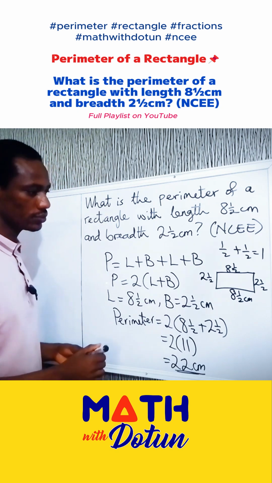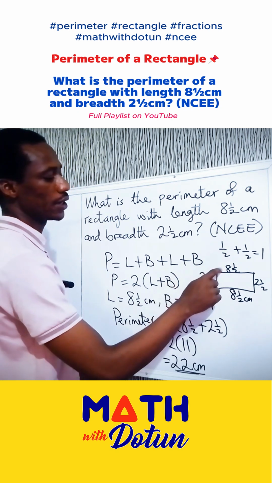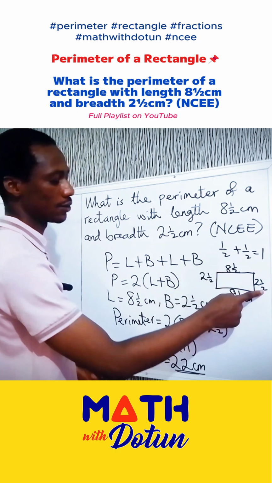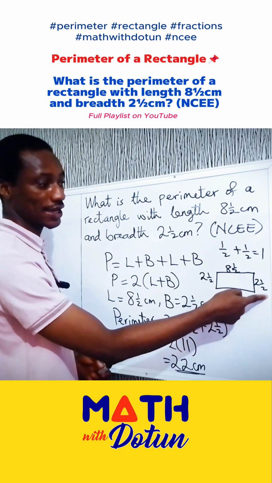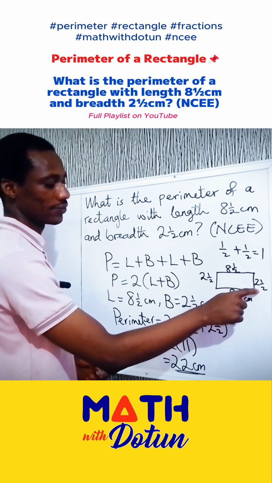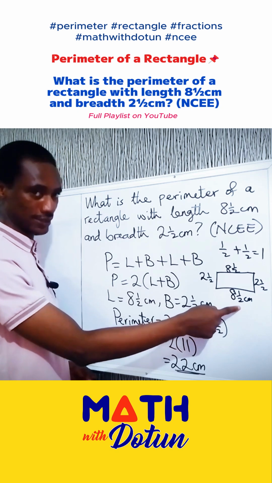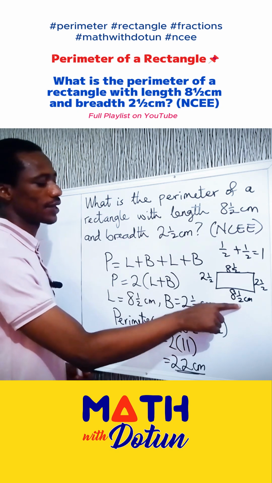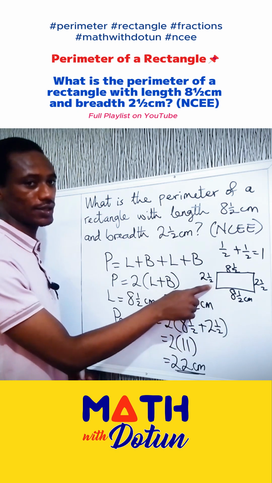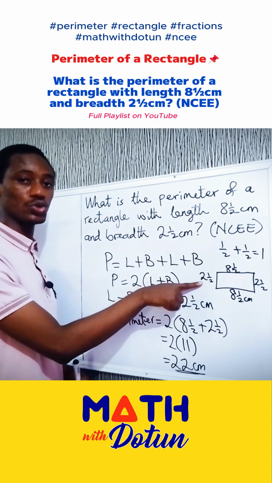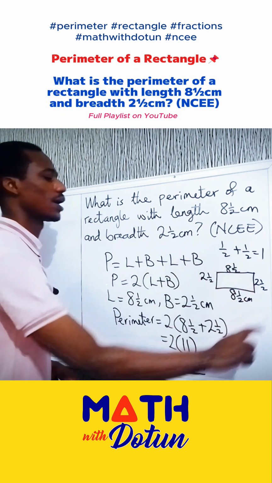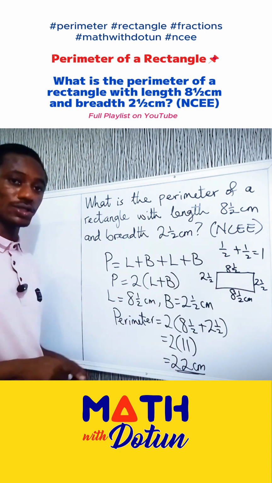So we could go around: 8.5 plus 2.5, so 8.5 plus half is 9. 9 plus 2 is 11. 11 plus 8 is 19. Then plus half, that's 19.5. 19.5 plus the half here, that's 20. And 20 plus 2 is 22. So just add everything together, you still have your 22.